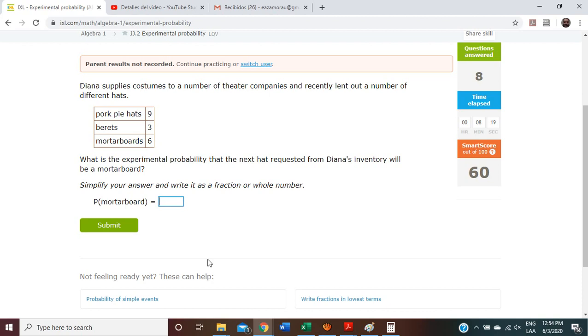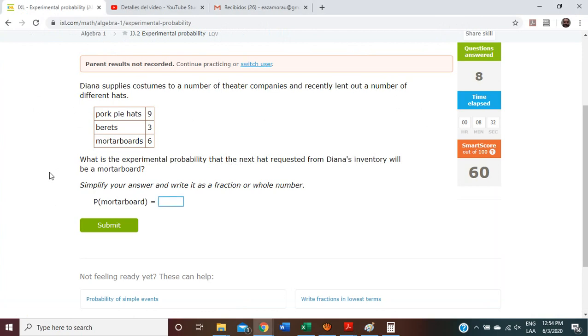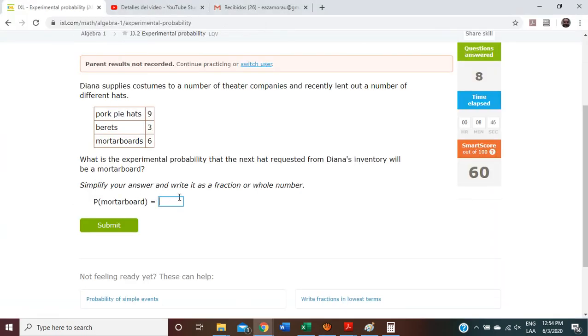First we need to get the total. So 9 plus 3 plus 6 equals 18. So that is our total, right? 18. Now, how many have been mortarboards? 6. If we simplify this, it is 1/3. So that's going to be our answer, 1/3.